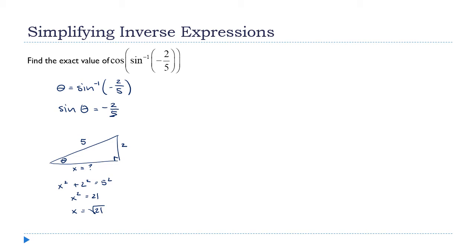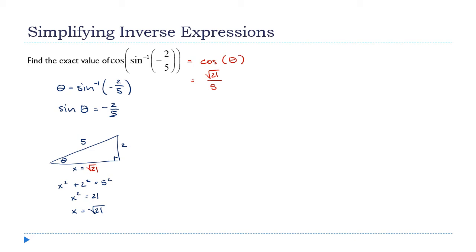Good. That means that the number I'm looking for is the cosine of theta. But the cosine of theta, look at the diagram, is adjacent over hypotenuse. So this is the square root of 21 over 5.